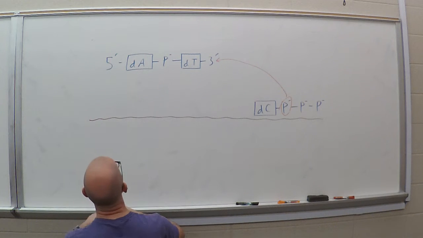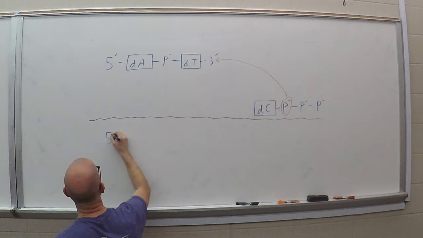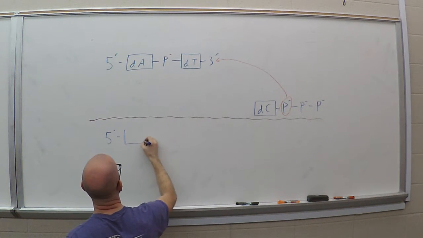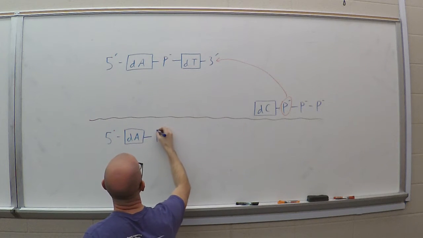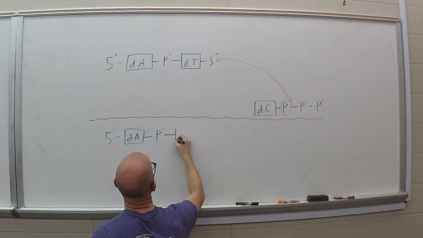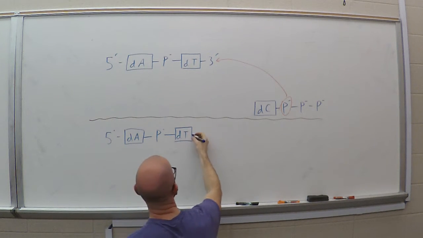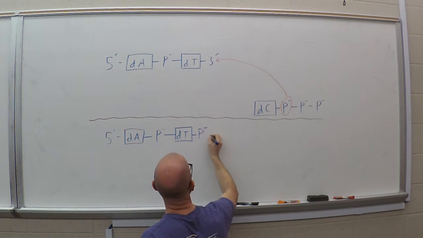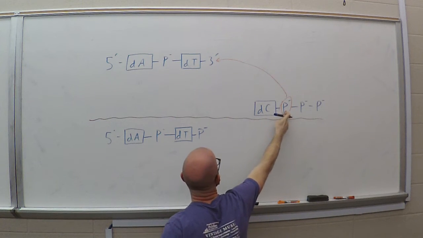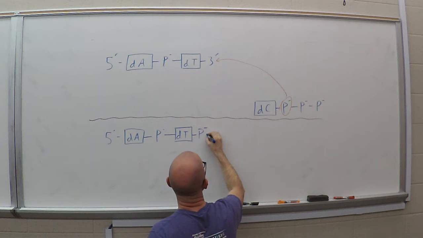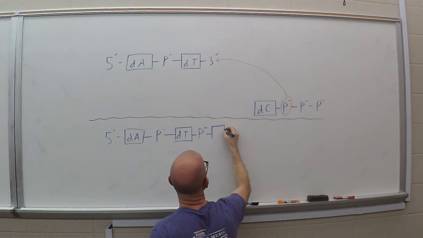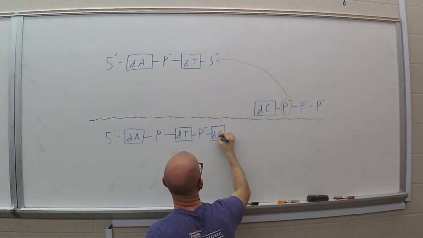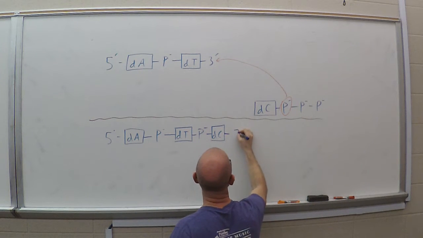Now you've got 5' deoxyadenine, phosphate, deoxythymine, phosphate, this phosphate right here, deoxycytosine, 3'.